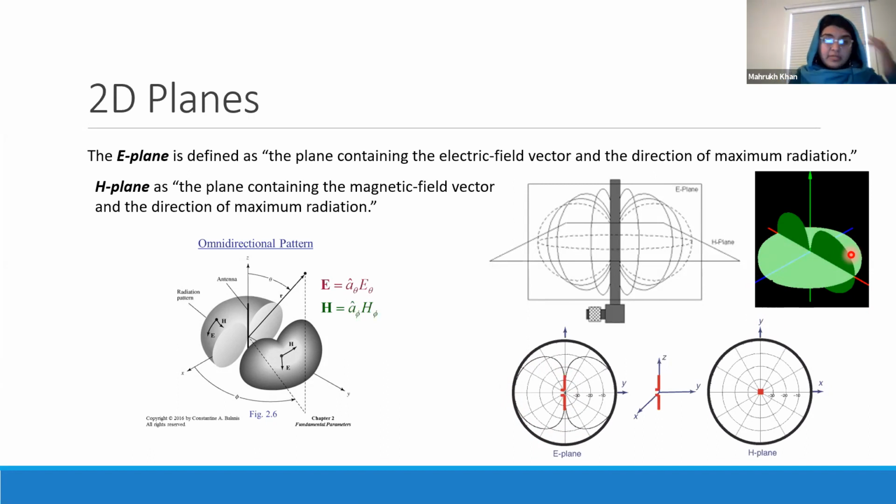So are we clear about this? The light green diagram is your H plane. The dark green diagram is your E plane. Okay, that makes sense.